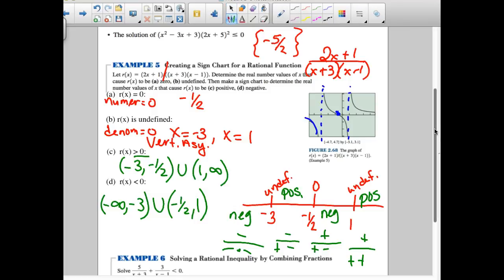We said between -3 and -1/2, we were positive, which would be this chunk. Between -1/2 and 1, we're negative again. And then between 1 to infinity, we're positive again. Okay? So have you noticed that we're doing a lot of things algebraically, but we're also looking at a graph to kind of back it up and make sure it's matching what we think should happen?